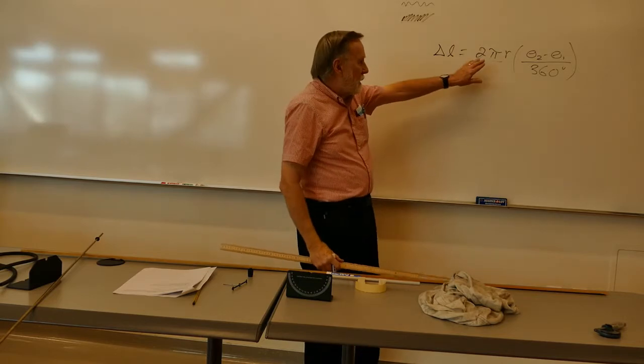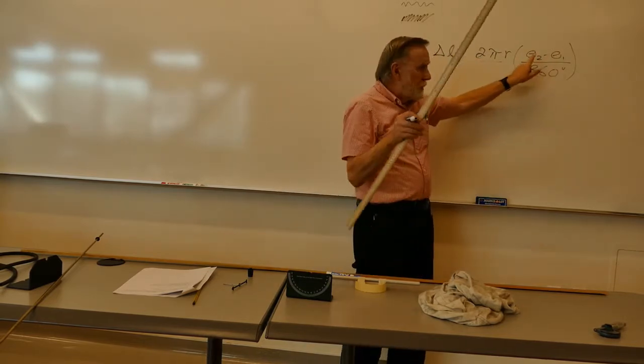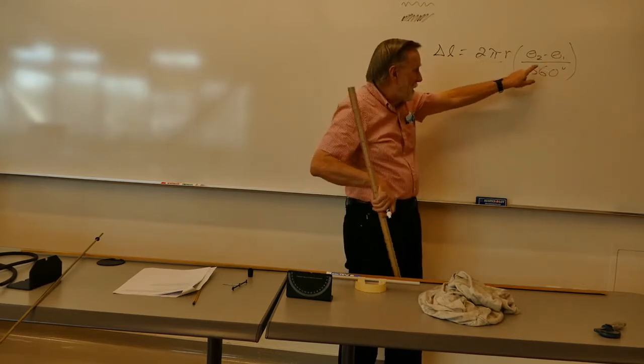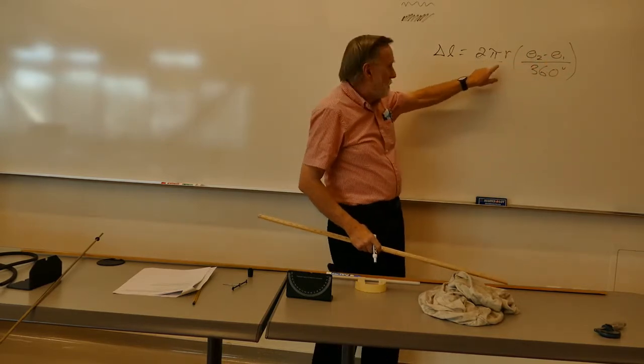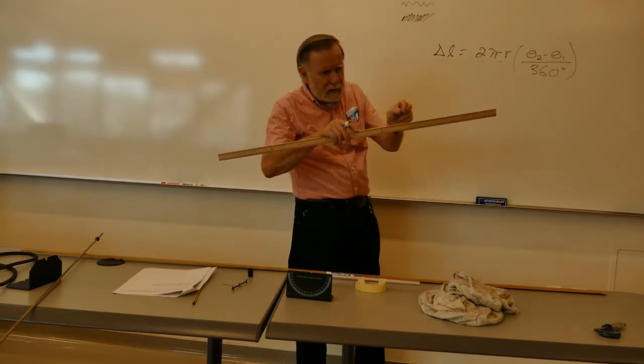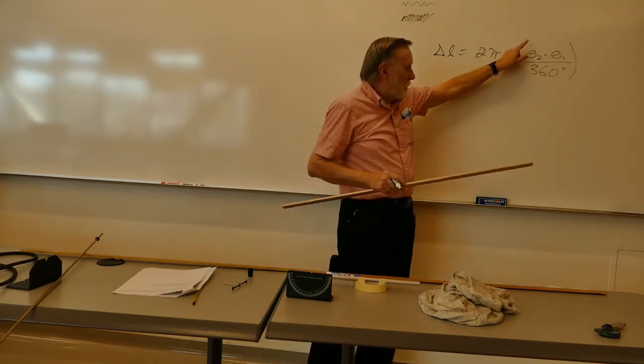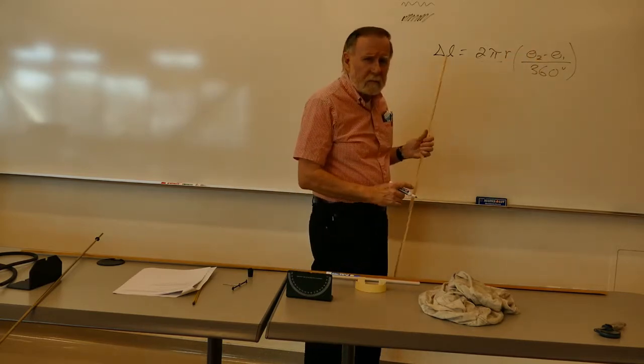So 2 pi r is the circumference. If the change in angle was 360 degrees, then dividing by 360 would just give us the circumference. So if the rod expanded one circumference, then it would be 360 degrees all the way around.